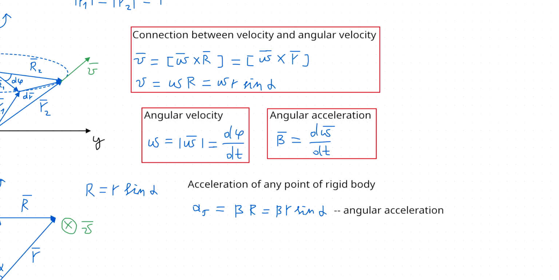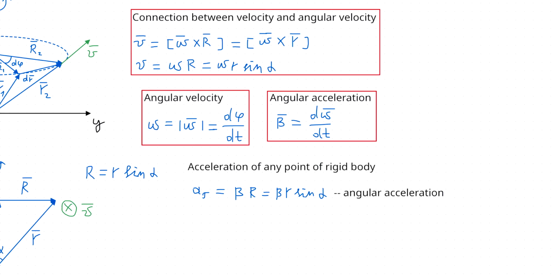The next is, we know that we have also normal acceleration. From our previous lesson, we know that normal acceleration can be defined as v squared divided by r.